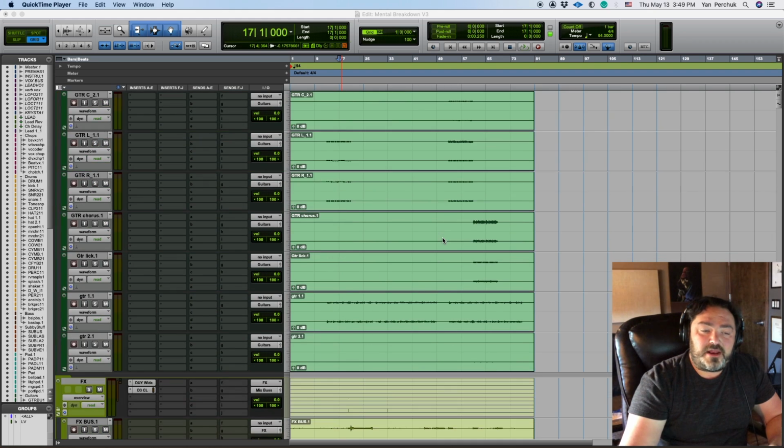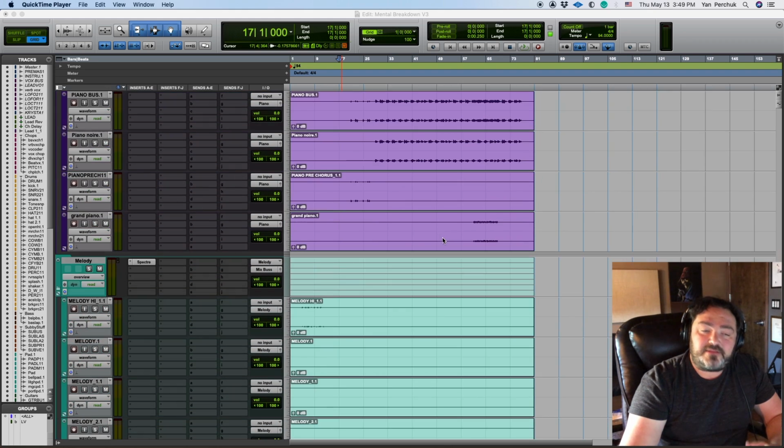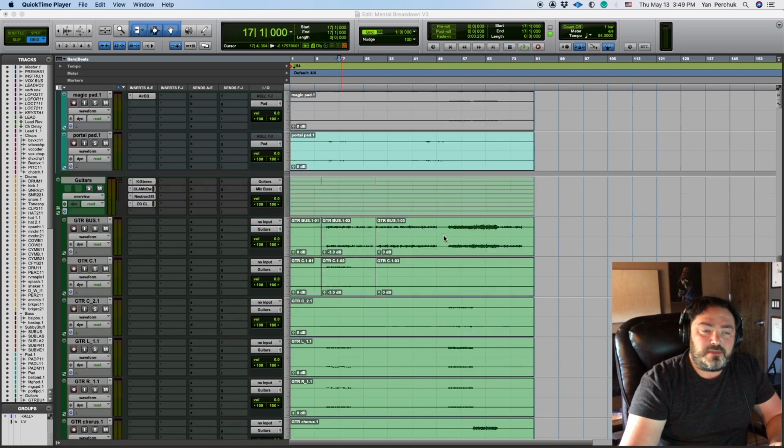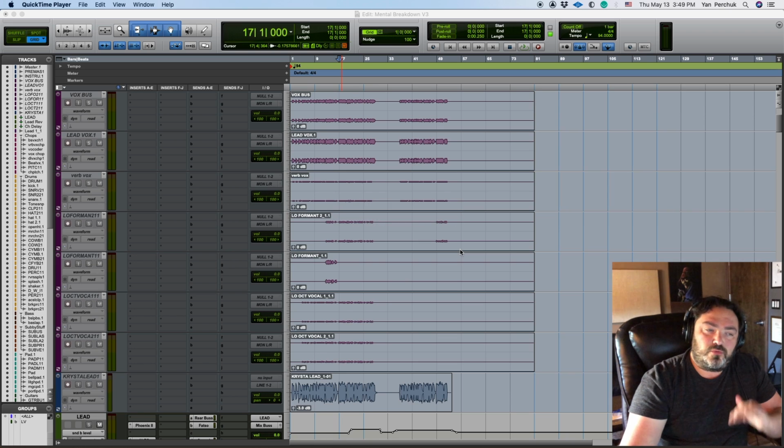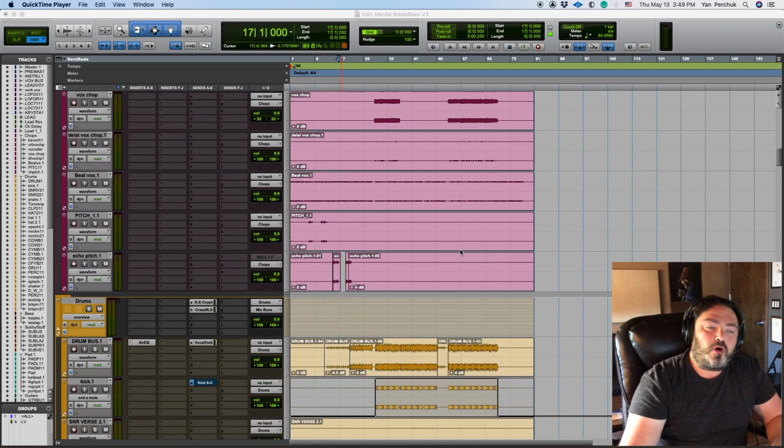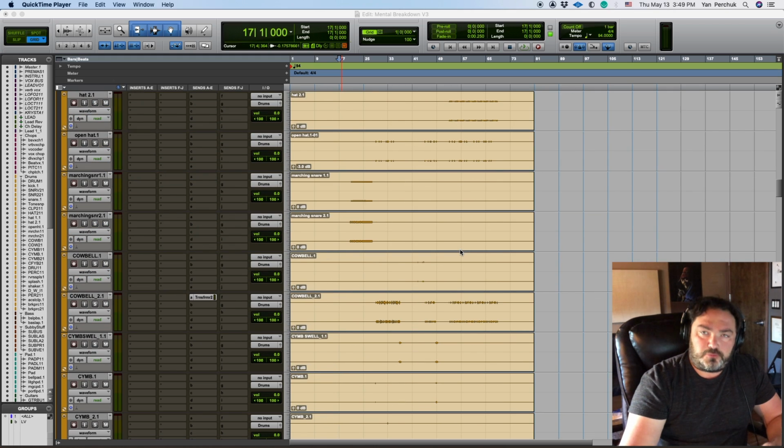Also, another thing that I noticed that I liked in the bounces is to be able to play all of the tracks when you open them up in the new mixing session, and for the music not to clip.